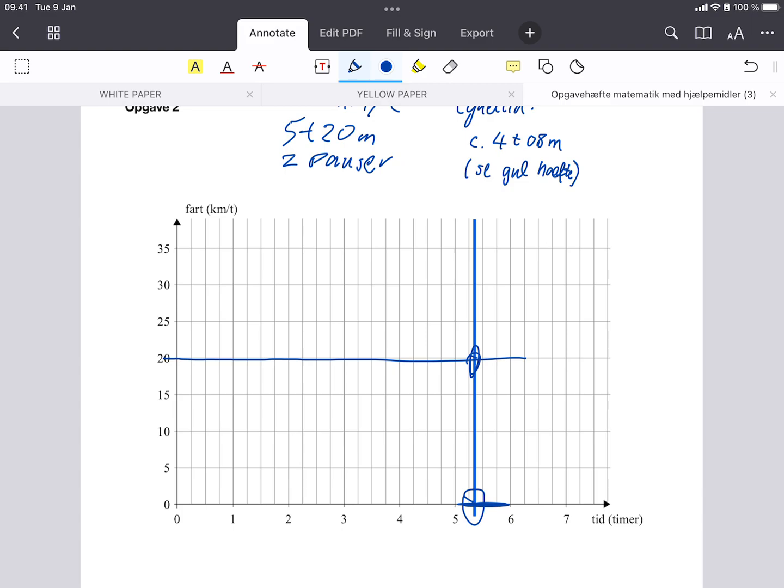So it's going to look like they start at 0 speed, they quickly accelerate up to 20 kilometers per hour, then they're consistently 20 kilometers per hour except for a couple of breaks that they take along the way, and then they're going to come to the place and then slowly decelerate to 0 again.